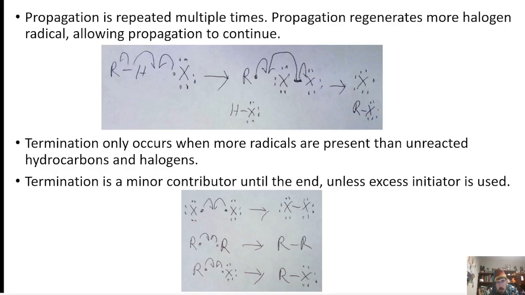Yes, that mono radical on the alkane could react with other alkanes. It doesn't have to react with the halogen. However, if it reacts with another alkane, it's more than likely to pull off a hydrogen from a carbon-hydrogen bond. And so it would just be switching one alkane for another alkane radical.